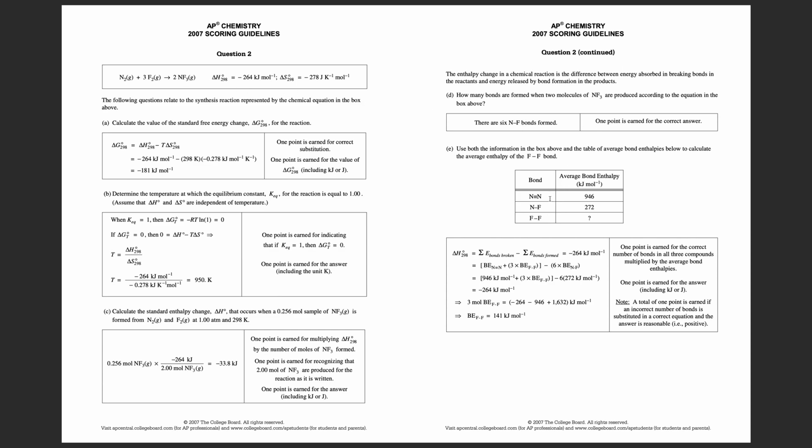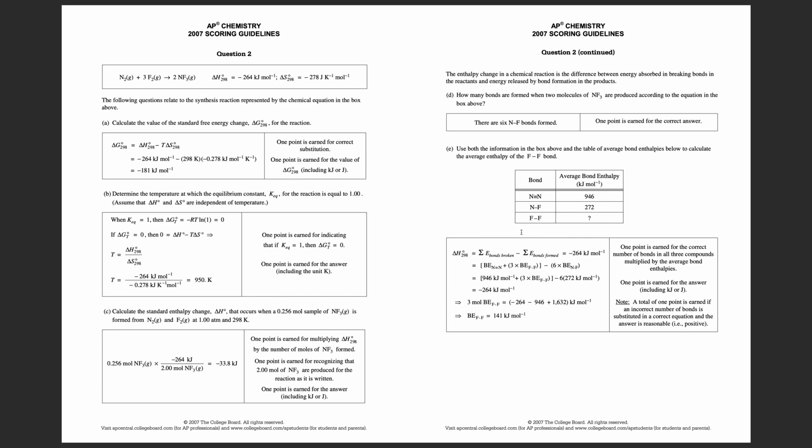And then finally here, recognizing that bond energies can be considered to be responsible for the total enthalpy of a reaction. So we got to break apart a triple bond. We got to break apart 3 individual fluorine-fluorine bonds, and then we're going to form 6 nitrogen-fluorine bonds.